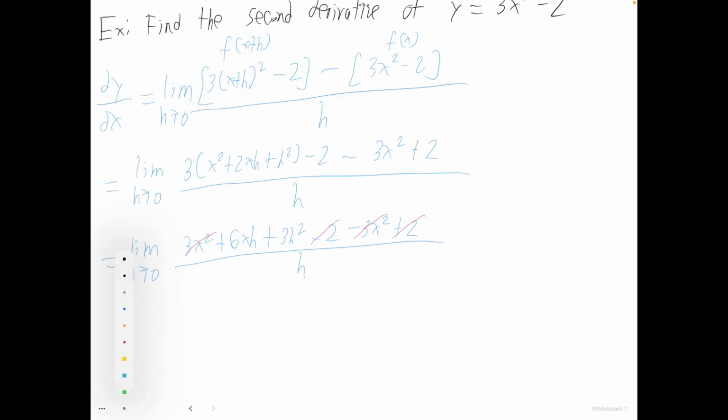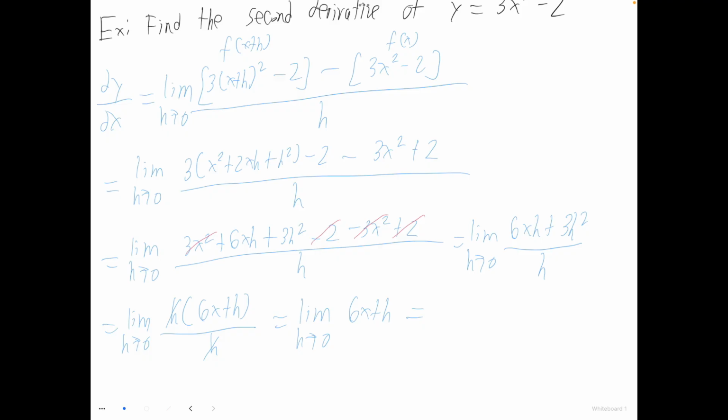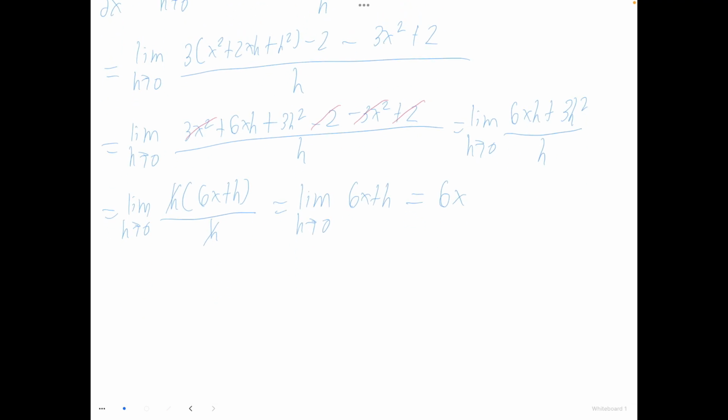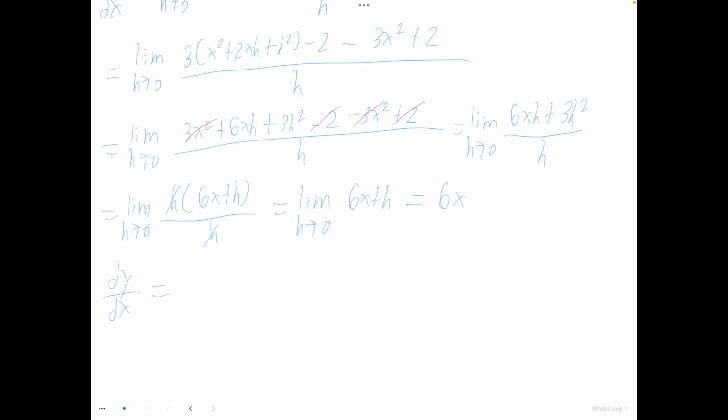This simplifies to the limit as h goes to 0 of 6xh plus 3h squared divided by h. We factor h out of the top: h times 6x plus 3h, divided by h. The h's cancel, and we're left with the limit as h goes to 0 of 6x plus 3h, which is just going to be 6x. And so dy over dx is 6x.